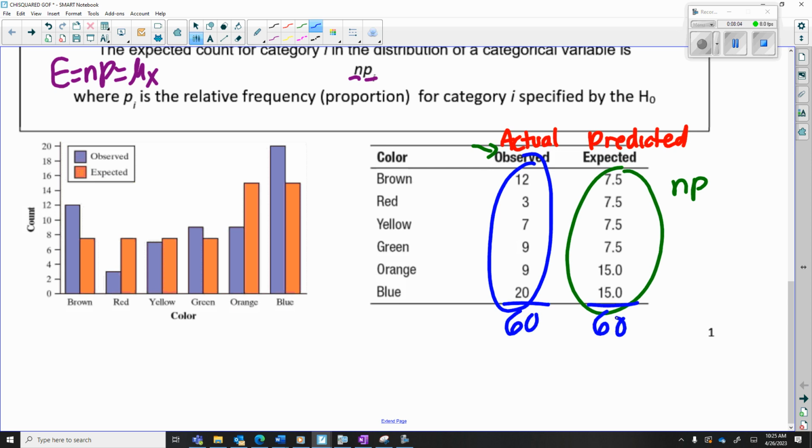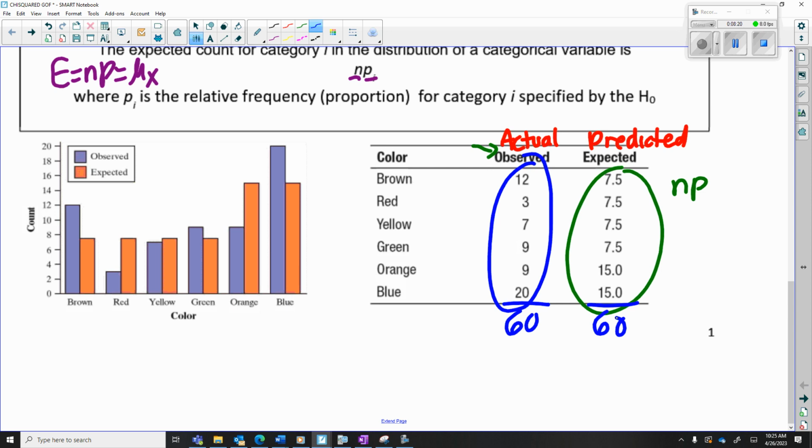So now you see that it is displayed in the form of a bar graph, because remember it's categorical data and categorical data is displayed by a bar graph. So what we're trying to figure out is how off is what actually happened from what was expected to happen.